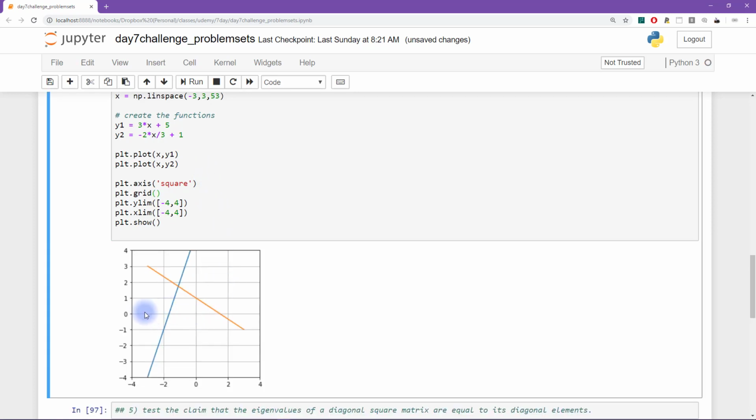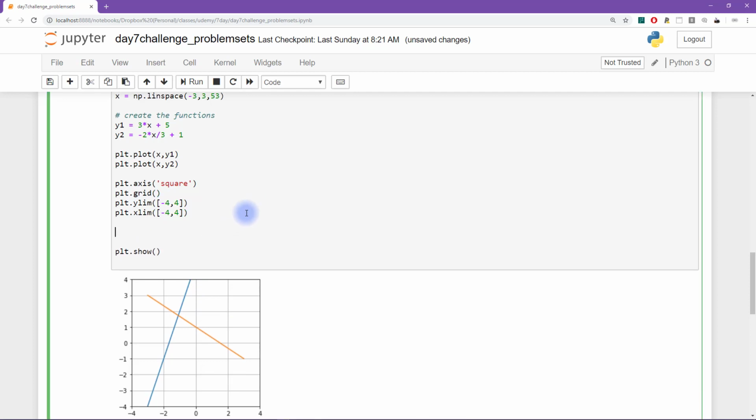Main thing I want to do now is add dark dashed lines, so black dashed lines here, to the x equals 0 and y equals 0 coordinates. That just helps us look at this graph a little bit better. All right, let's see. I think I'll do that down here. So let's write plt.plot. And now we want this line to go on the x-axis from -4 to +4. And on the y-axis, it's going to go 0 to 0 because it doesn't change on the y-axis.